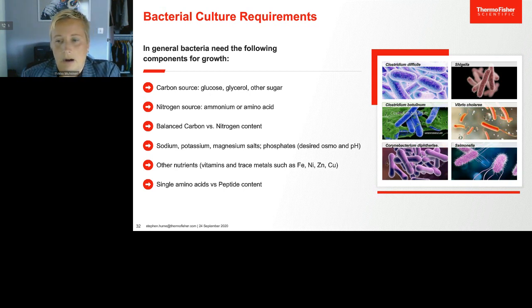Peptones and meat extracts are commonly used in microbial broth. For example, standard microbial media like terrific broth, TB, contains tryptone, yeast extract, glycerol, and potassium salts. It is important to remember that there is no one fixed formulation for all fermentation processes, so different microbes have different nutritional needs.